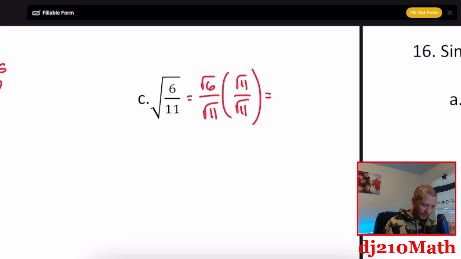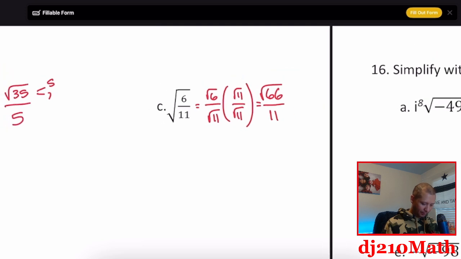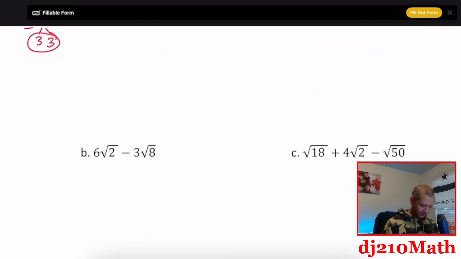This is going to be root 66 on top, right? 6 times 11 is 66. That can't be broken down anymore. And then 11 on the bottom. Okay. That's it. I mean, it looks harder than what it is, right?